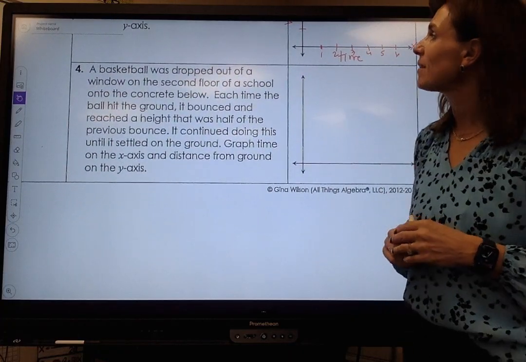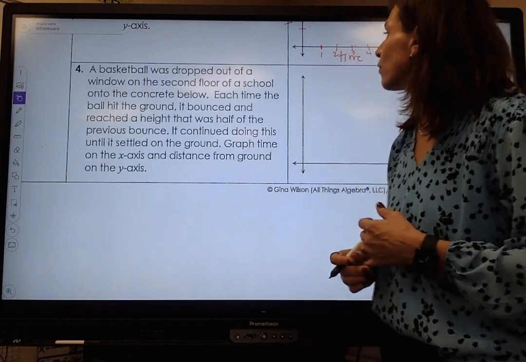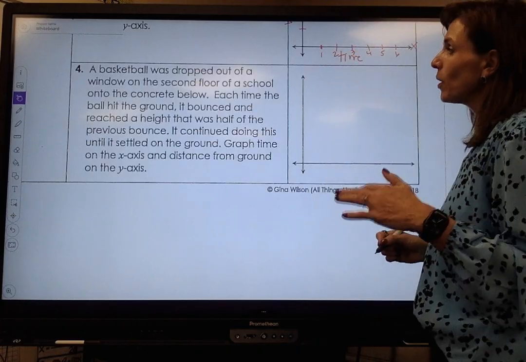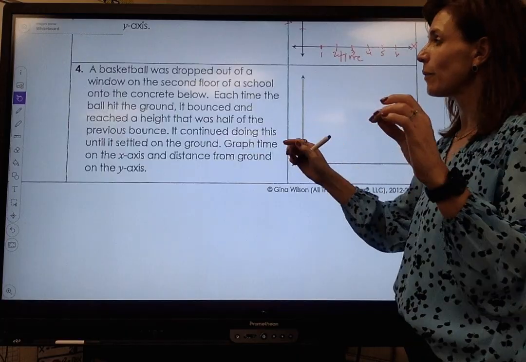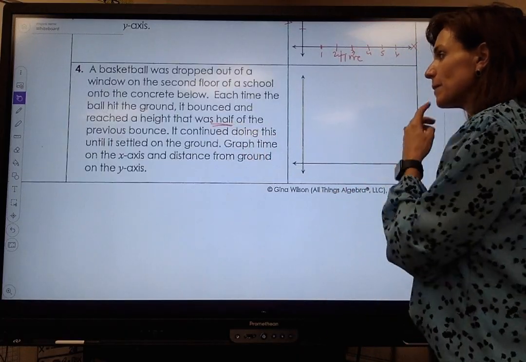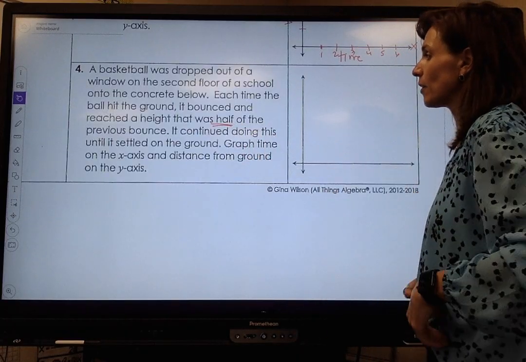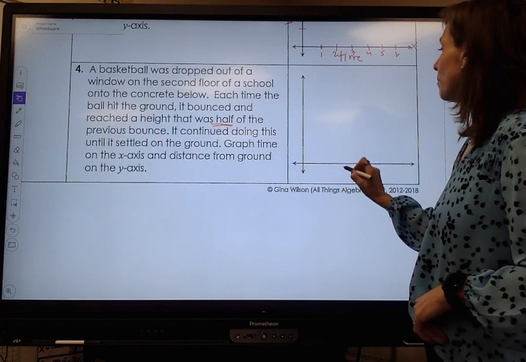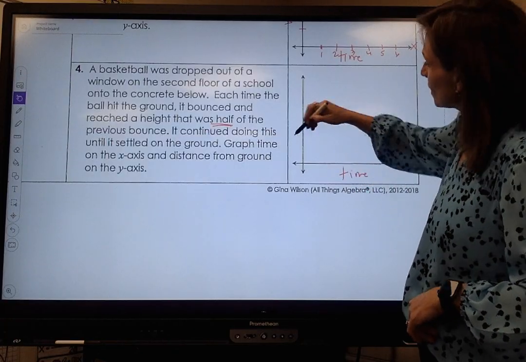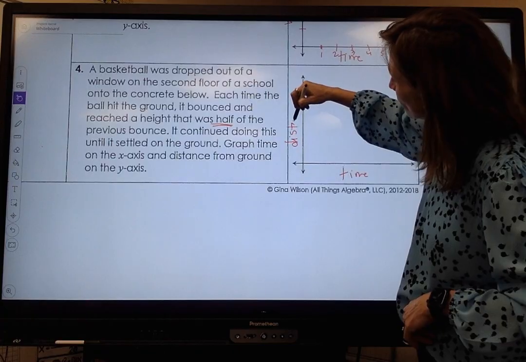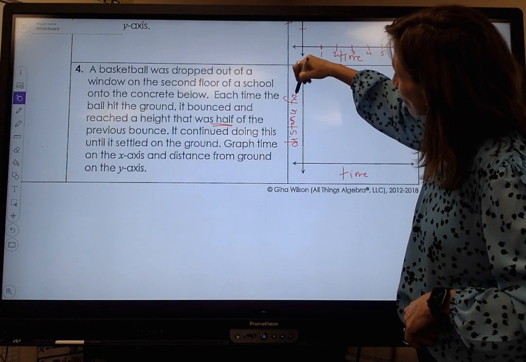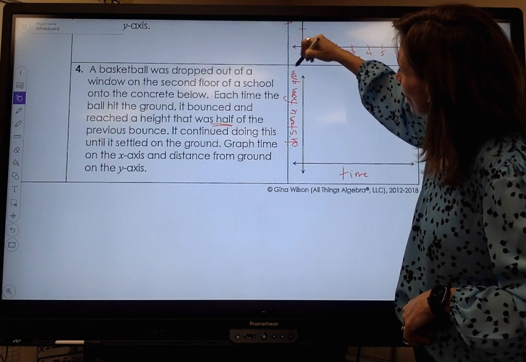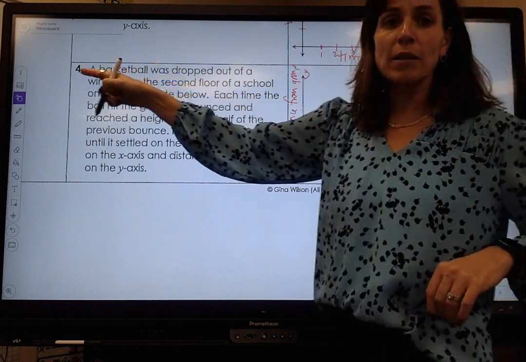All right, a basketball was dropped out of a window on the 2nd floor of a school. Each time the ball hit the ground, it bounced and reached a height that was half of the previous bounce. It continued doing this until it settled on the ground. Graph time on the x-axis and distance from the ground on the y. So where is this basketball being dropped?